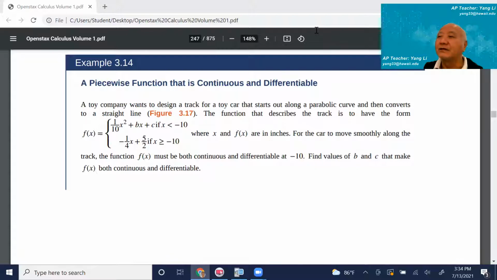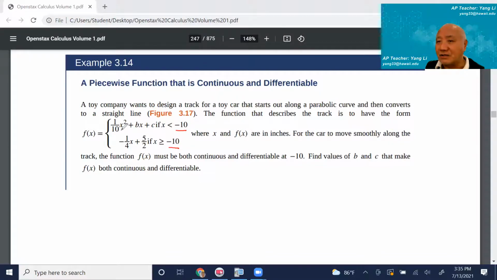And this one is linear, right? And to make sure the car is smooth along the track, the function must be both continuous and differentiable at x equals -10. You see here, this function we call a piecewise function.